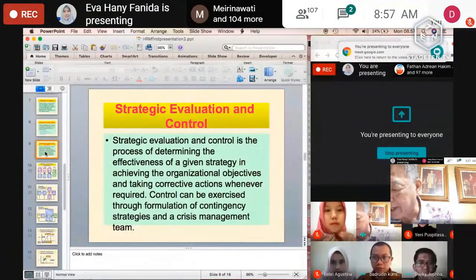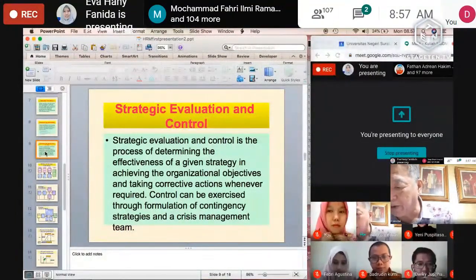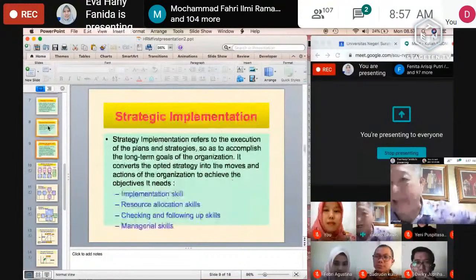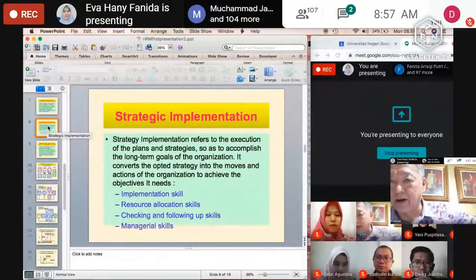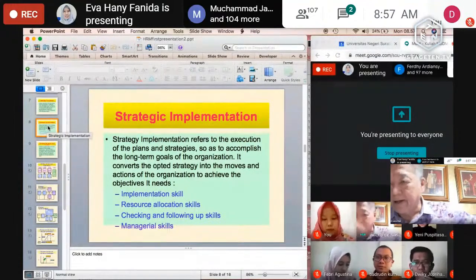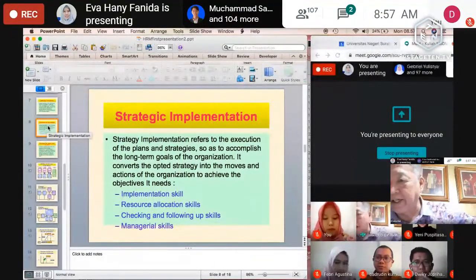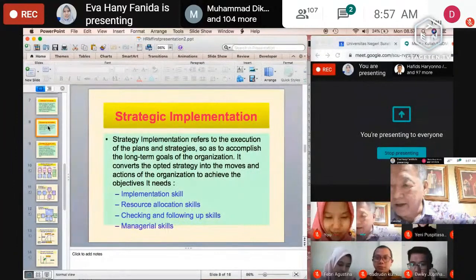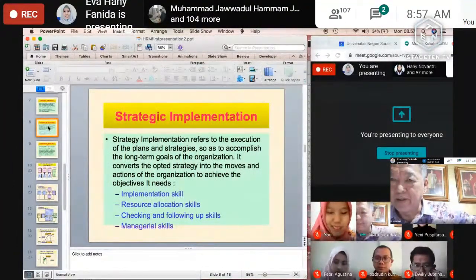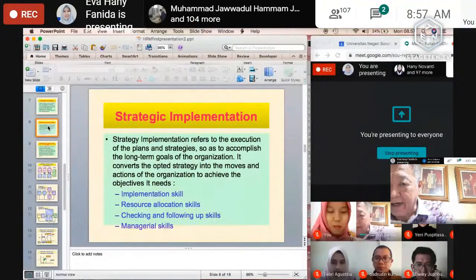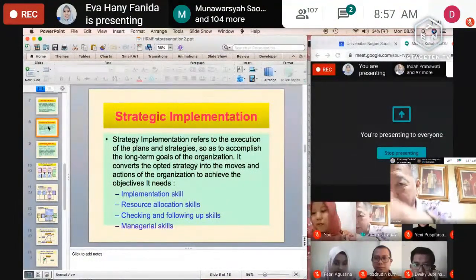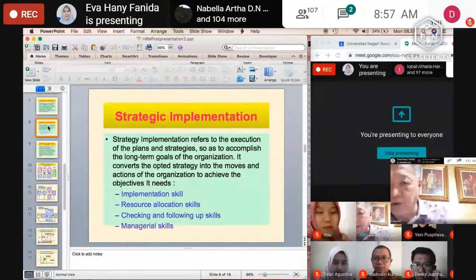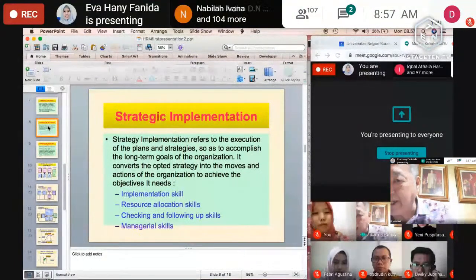So the second question is about if we have the wrong employee or wrong staff who cannot follow the organization strategy, what should we do? Try to change them or try to inculcate them. You can see the condition for making implementation successful: we have resource allocation skill.